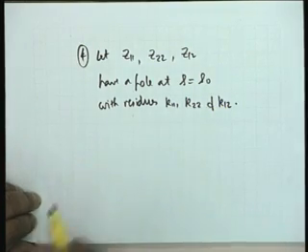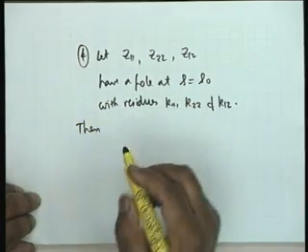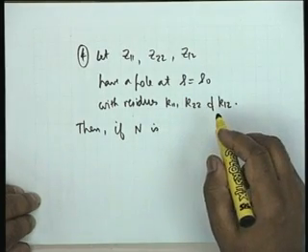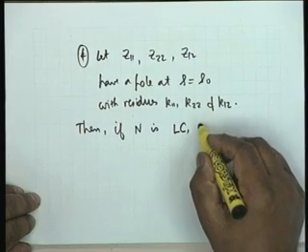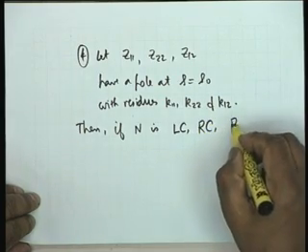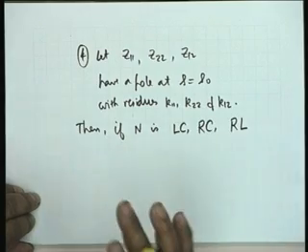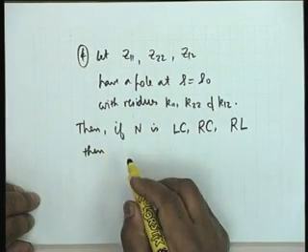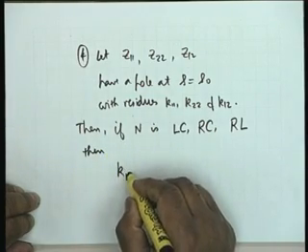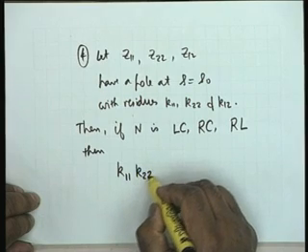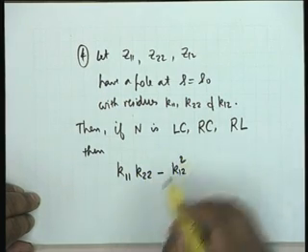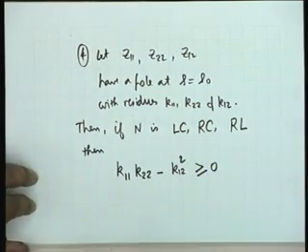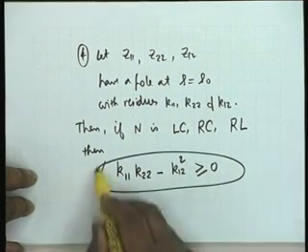Then the statement of this property is that if the network is two element kind, that is, it is either LC or RC or RL, then the following property is true, that is K11 K22 minus K12 squared is greater than or equal to 0, and this is called the residue condition.